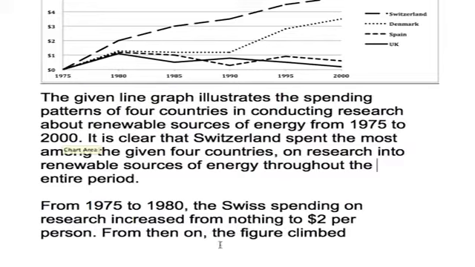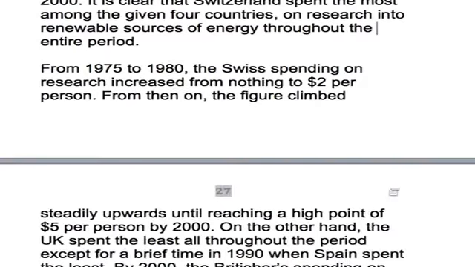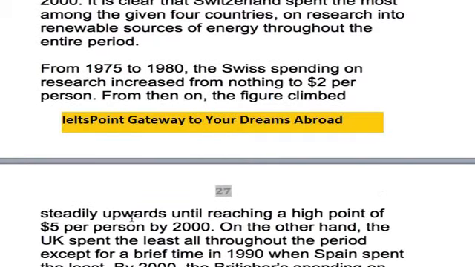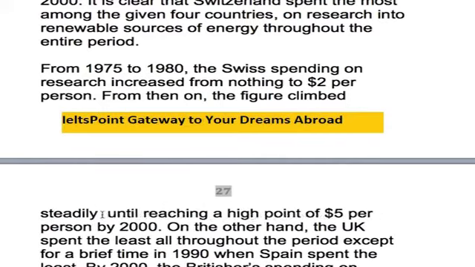And then from 1975 to 1980, the Swiss spending on research increased from nothing to $2 per person. See, here it is nothing, here it is $2 per person, and after that the figure climbed steadily upwards. Climbed means upwards, you don't need to write the word.